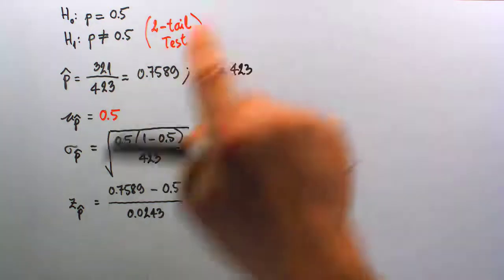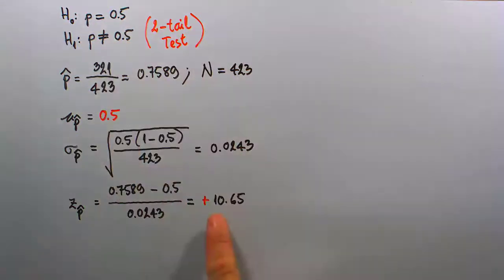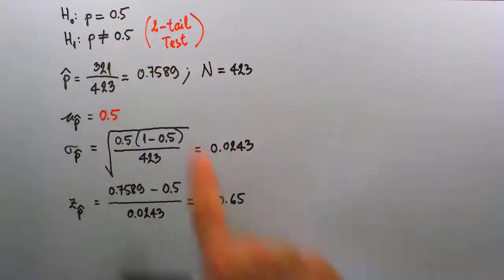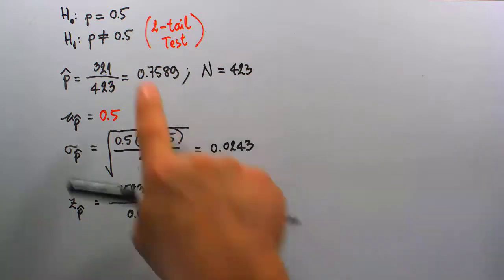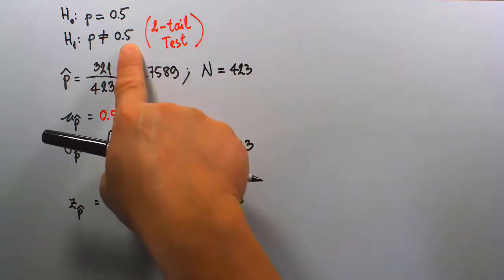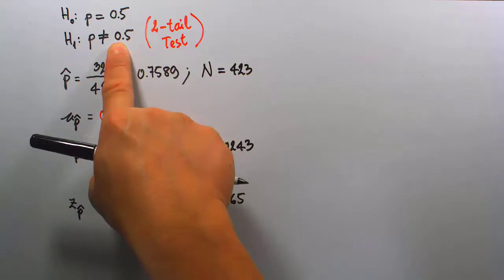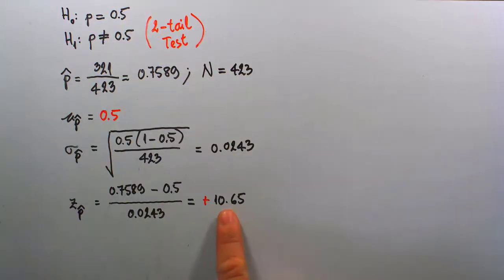And being a two-tailed test right here, it's going to be a little bit of a challenge to check whether our z-score is consistent with this two-tailed, because being a two-tailed test, this inequality can be a greater than or can also be a less than. So we don't need to carry out that checkpoint right now, but make sure you do your z-score calculation correctly, and emphasize the sign of your z-score clearly.